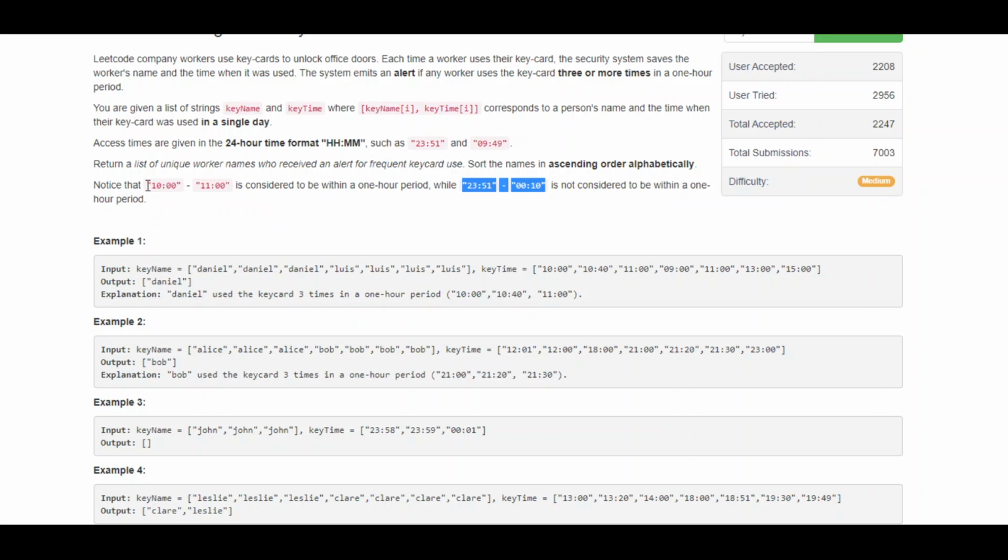And the other very important note is to see that 10 and 11 are within 1 hour period. Okay, so those are the valuable things that you should keep in your mind at the time of creating this solution.